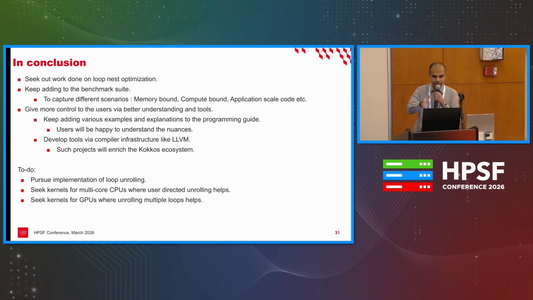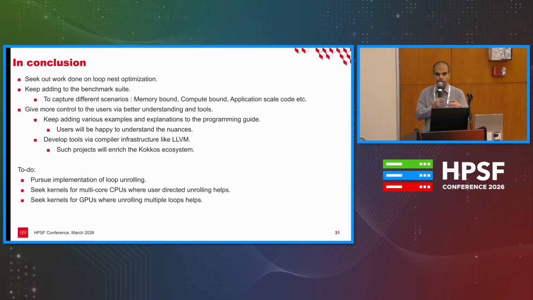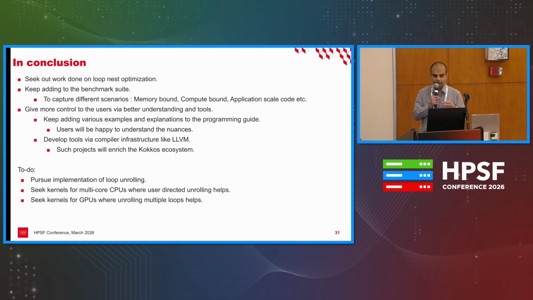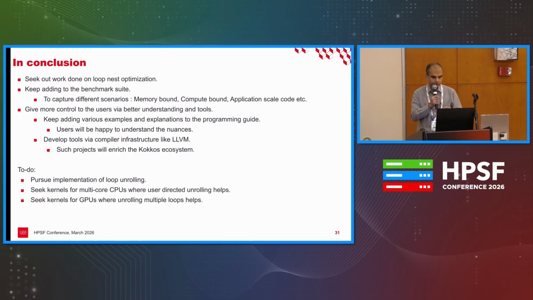In conclusion, I just summarized various things I have been talking about. We have to look for ideas which are already out there in the loop optimization community. We have to definitely improve our benchmark suite further in terms of compute-bound and application-oriented code. And ultimately, I think we have to give some more control to the user, and the users are also happy to understand the nuances further and to improve the performance of their code.